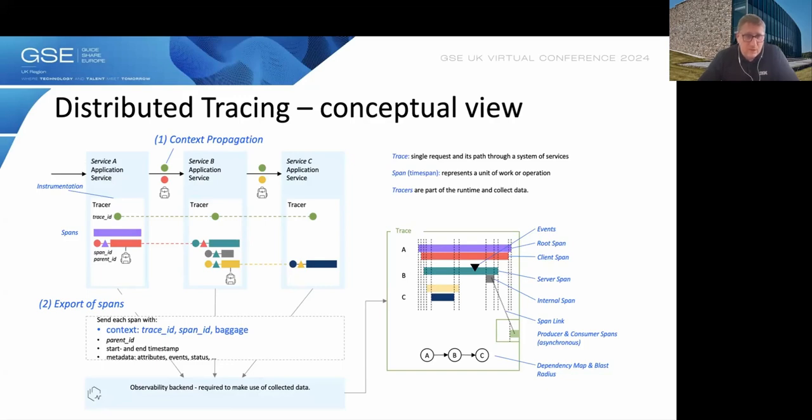If we sum this up, context propagation essentially means that you have a way to provide specific data that is not necessarily required for the functional execution of your application, but it provides additional metadata, which then in the end allows us to get visibility in the first place, but then also to perform an analysis of the application's behavior. And the second aspect that we need to look at is the export of spans.